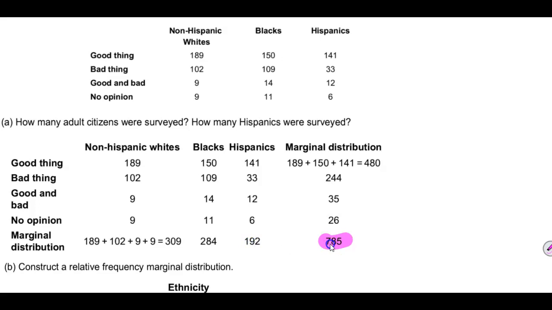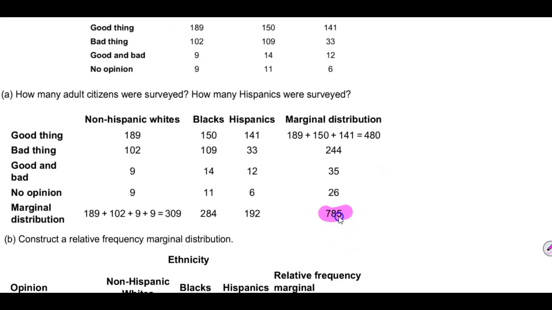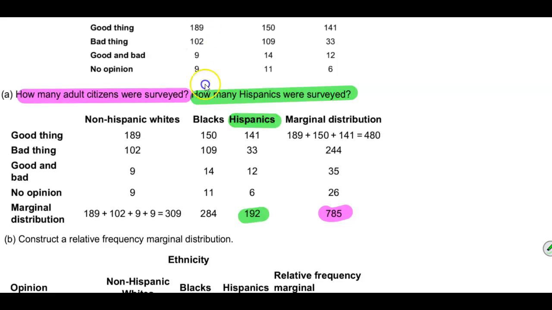So the total number of citizens surveyed is 785. And to find how many Hispanics were surveyed, we can see that the total for that column is 192.